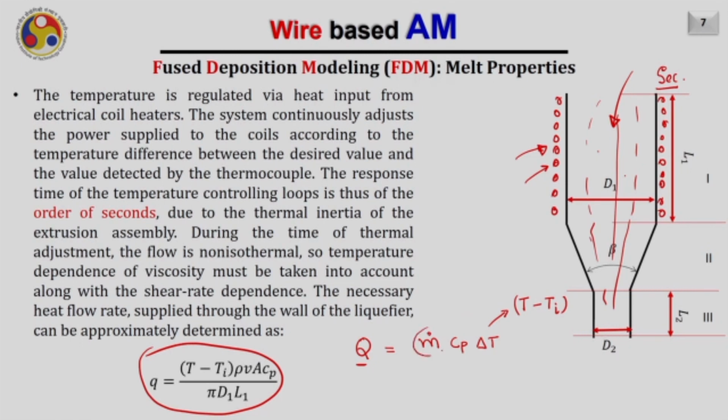Now, this mass flow rate can be obtained by rho Va, that is, the cross section of the liquefier in the first zone, times the average velocity of the melt, times the density.